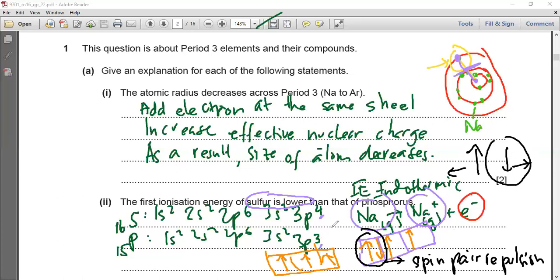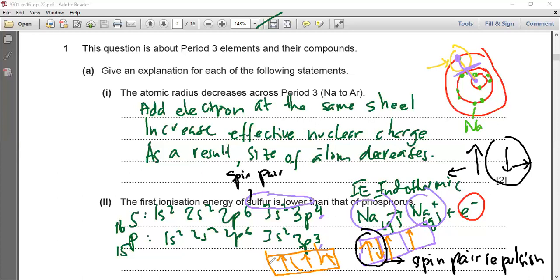So if you encounter this question, you have to mention that in sulfur you have spin pair repulsion, while in an atom of phosphorus you don't have spin pair repulsion.